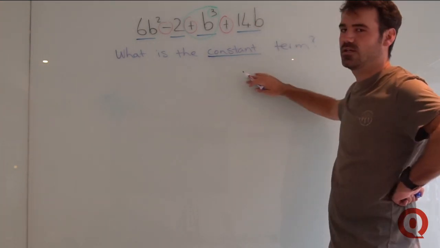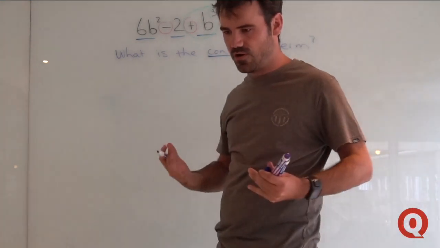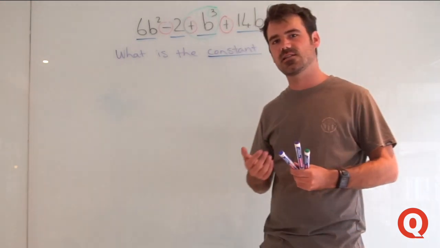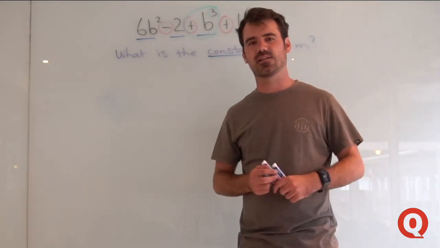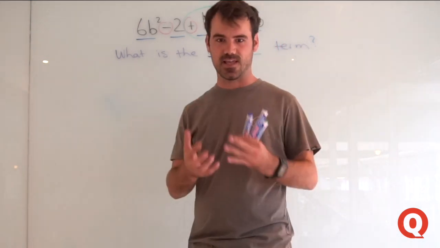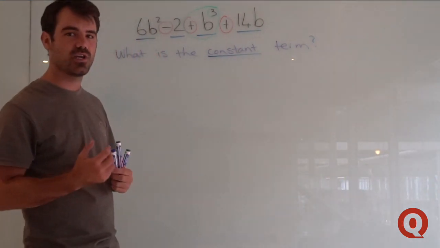Now, a constant is almost the complete opposite. A variable is something that we don't know about, but a constant is something that we do know about, because it stays the same. It's like your little brother or sister. They are constantly annoying you. They're always annoying you. It's there, it's in your face. So a constant term is something that's not going to change.